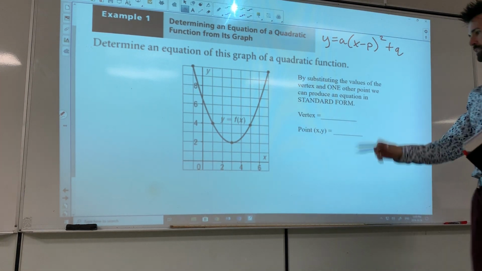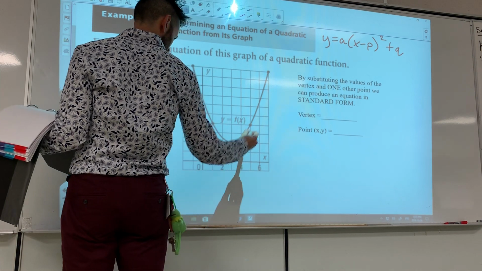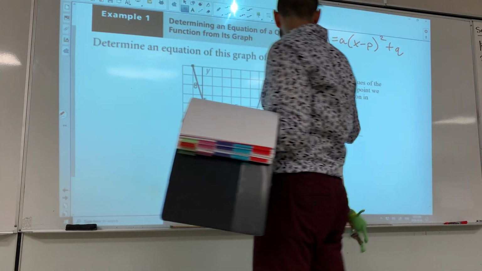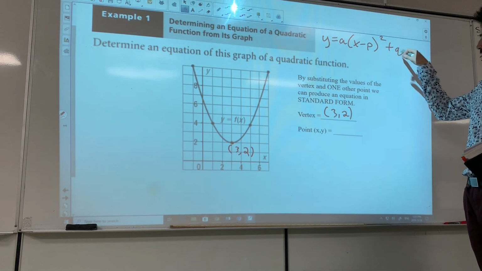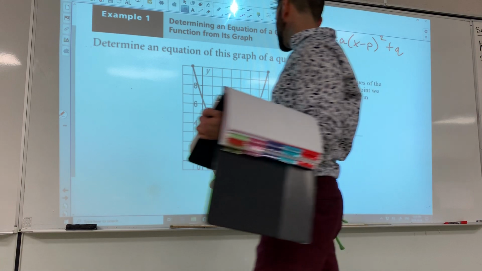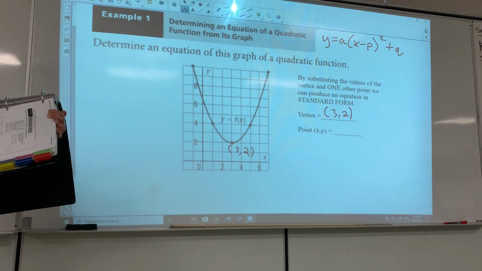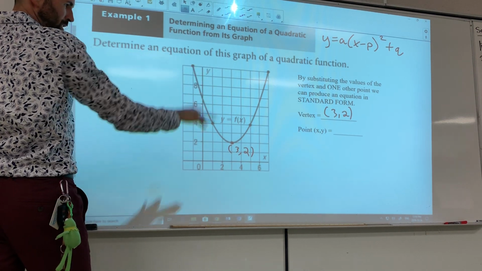What's the vertex of this? Right here, 3 for x and 2 for y. That's my vertex, and I'm going to substitute that in here. Let's pick a convenient point. Can I use the y-intercept in this case? No, because it's hard. If you can't clearly see where it's crossing, don't use it.